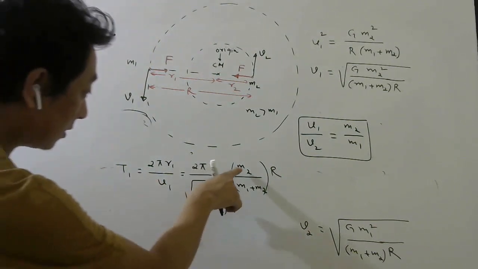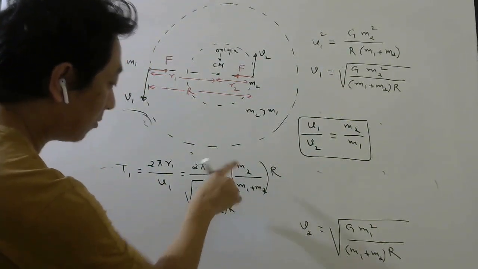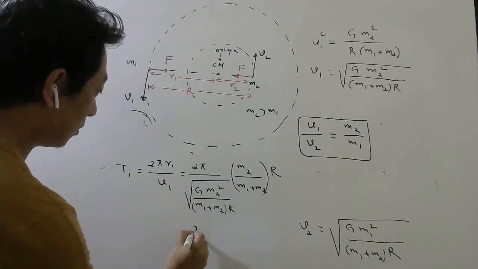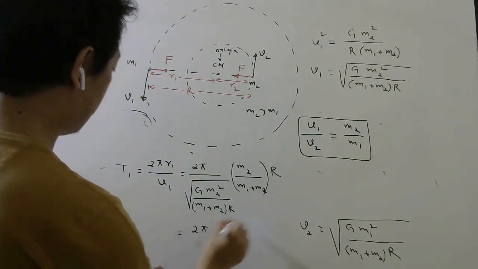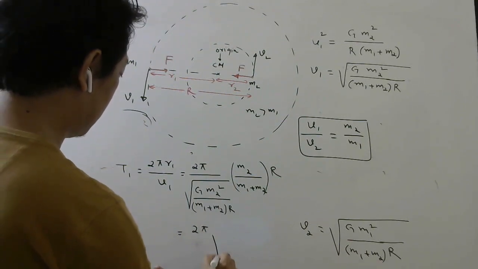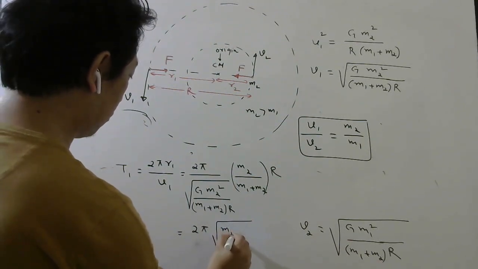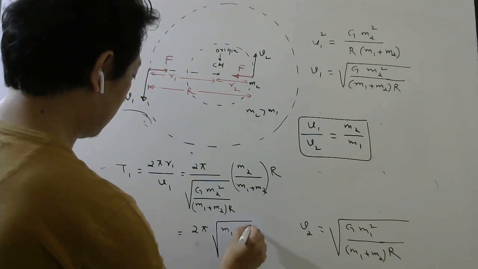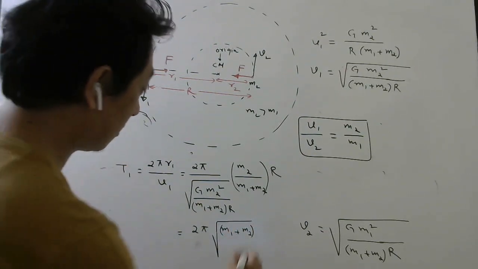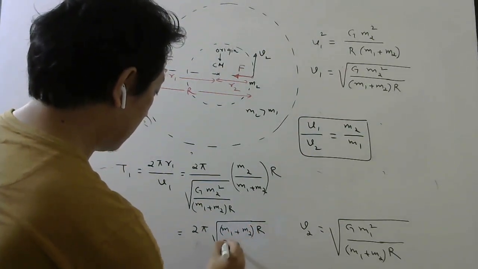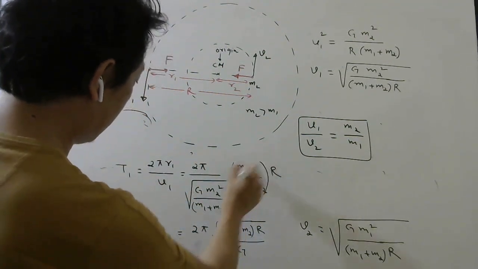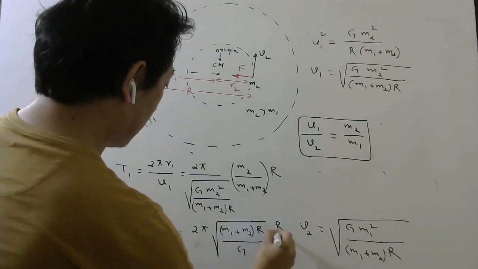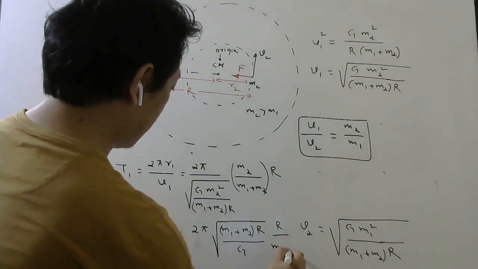Now you can see this root m2 square and this m2 will cancel. So you will get 2 pi, let me take this up, root of m1 plus m2, R divided by G; m2 got cancelled.